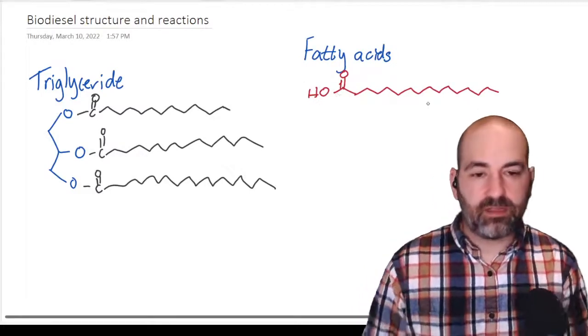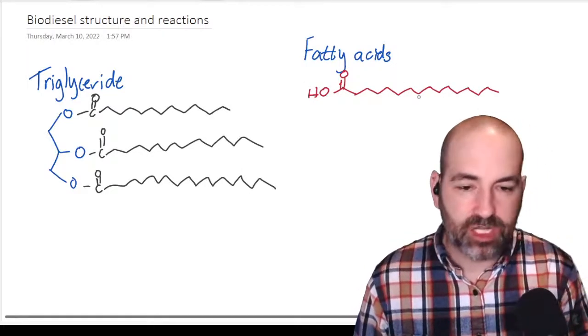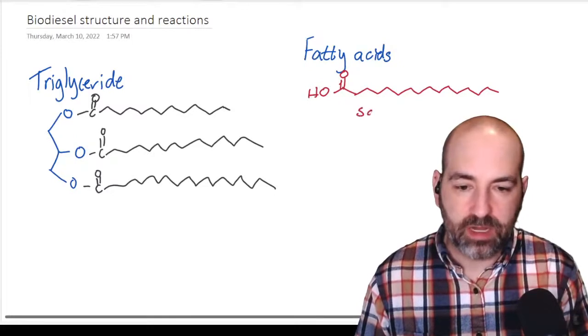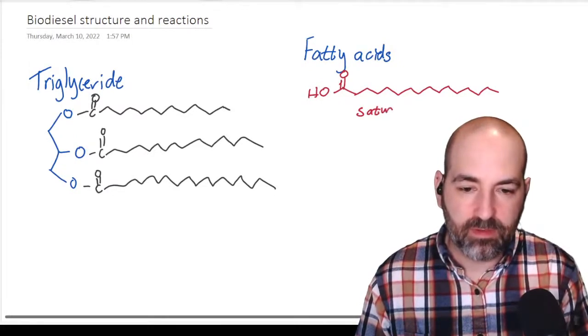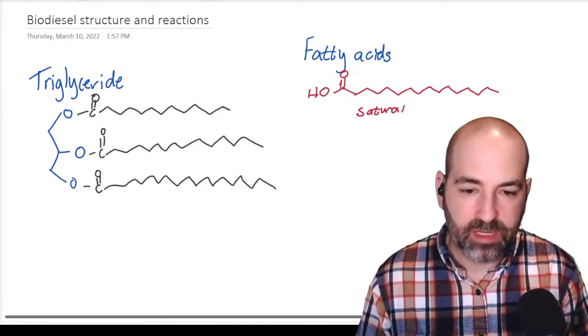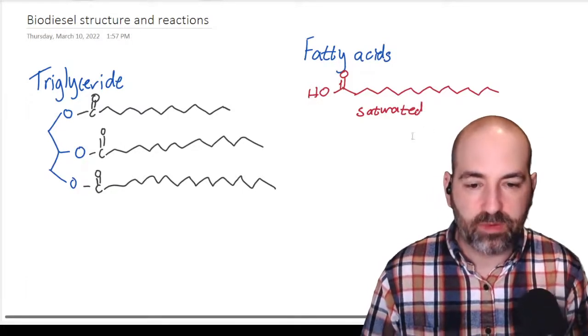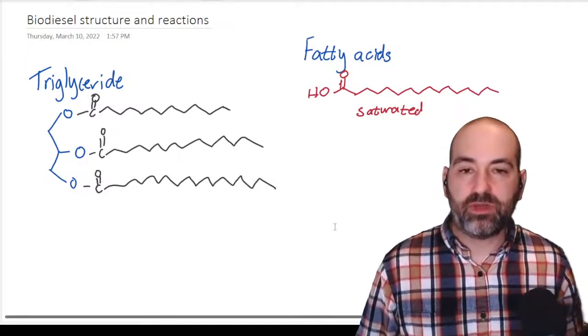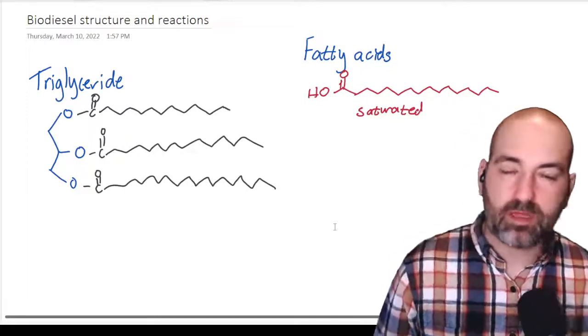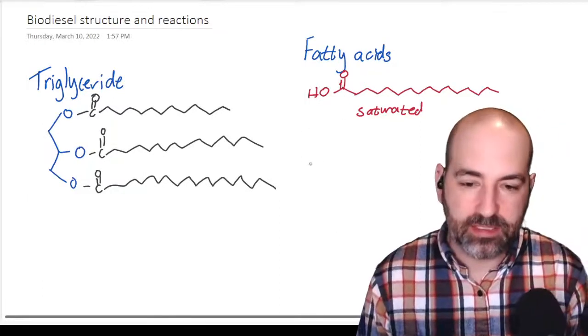Now, a fatty acid that looks like this without any double bonds in this chain is known as saturated because it's going to have the most number of hydrogens that it can. So saturated with hydrogens. So if you hear about saturated fats, that's what it's talking about. It's talking about fats made from these types of fatty acids.